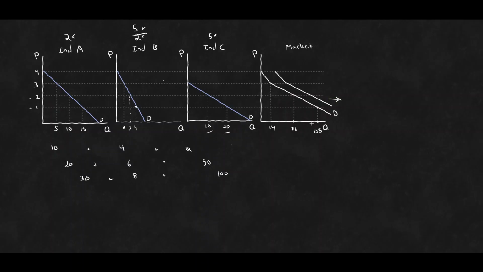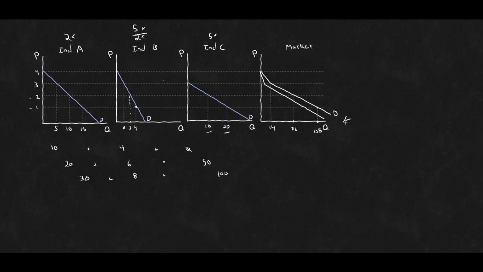Meanwhile, if we had the opposite case, if we just got rid of B altogether, we would have fewer, and we would have our demand shifting to the left.